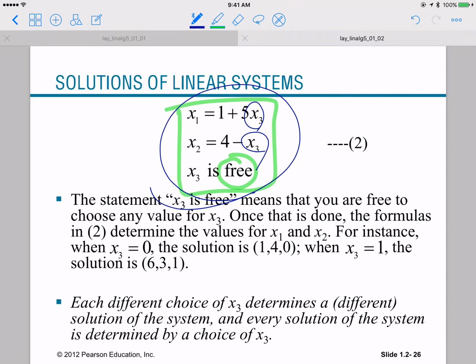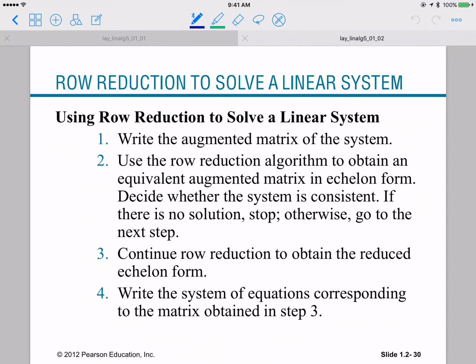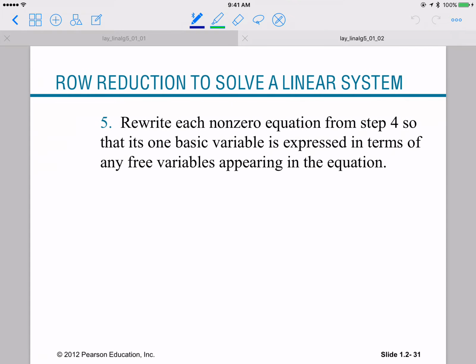But in the other case, where you don't have any free variable, you have one unique solution. That's it for the second chapter, I mean, chapter 1.2.